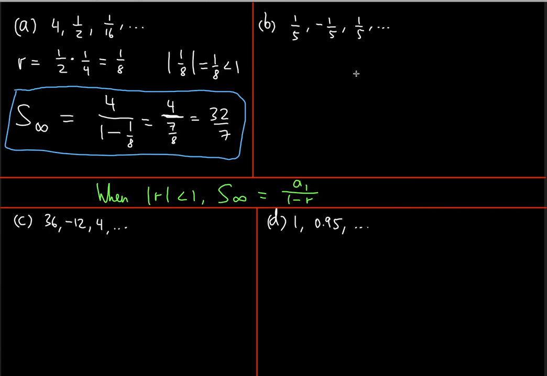There won't be a value, because if you add 2 of them, you get 0. If you add these 2, you get 0. If you add these 3, you're going to get 1/5. So how do you know when to stop? You don't, right? So naturally it should be undefined.